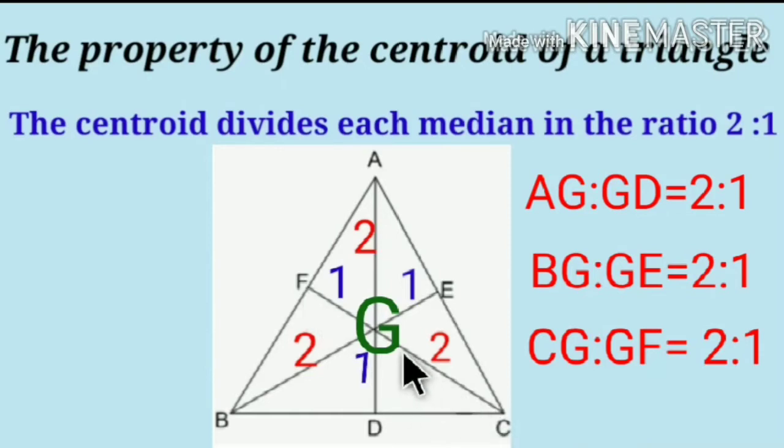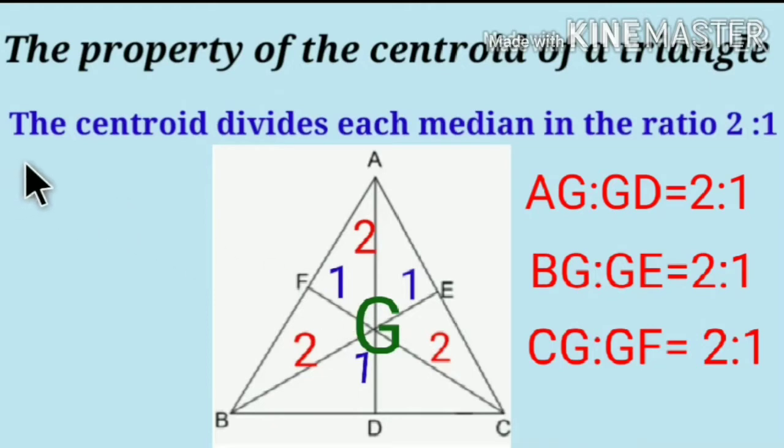If CG is 2, then GF is 1. Hence here is the 2:1 ratio. One end is the vertex, and the other is on the opposite side, the middle point of the opposite side. Hence, the part that is 2 is toward the vertex and the part that is 1 is at the base, or the opposite side.